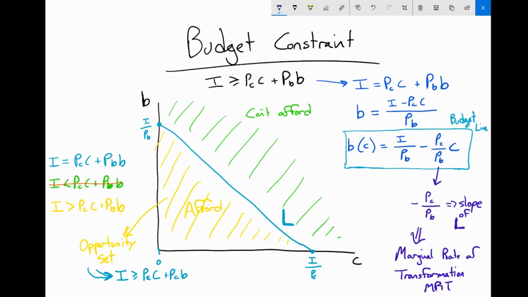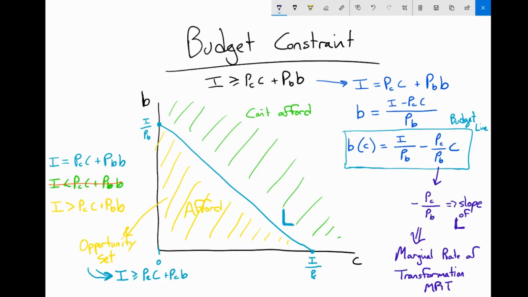That is the ratio of the price of cups of coffee to the price of bagels. This gives us the trade-off between coffee and bagels that the agent is able to afford given their budget constraint. How many bagels need to be given up in order to be able to afford additional cups of coffee? All right, that's the marginal rate of transformation.